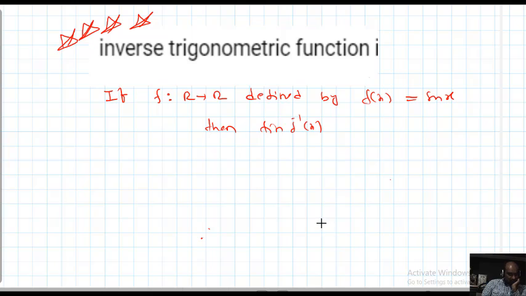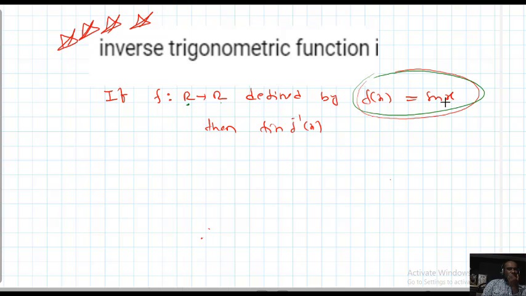This is the question. What is it asking? Find the inverse rule for this function. First of all, you want to check whether this function is bijective for this domain and this codomain. If it is bijective, then you can find its inverse.